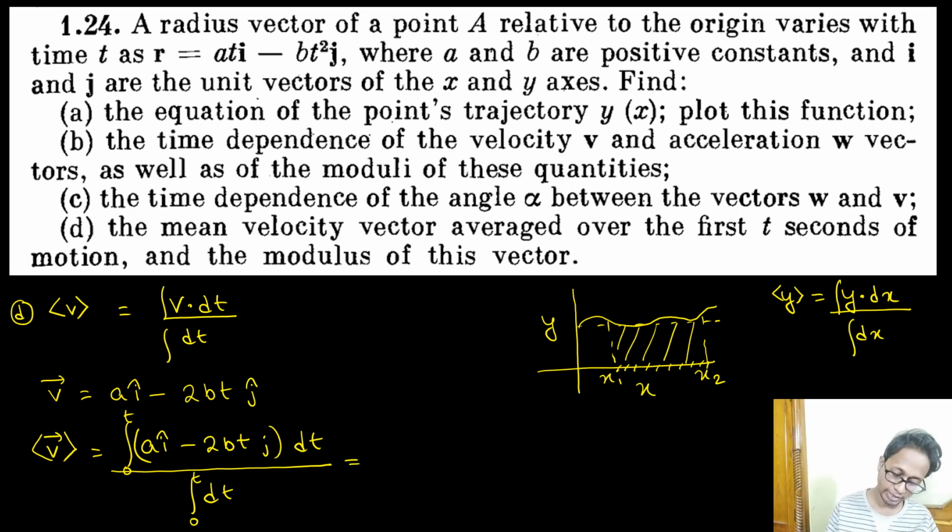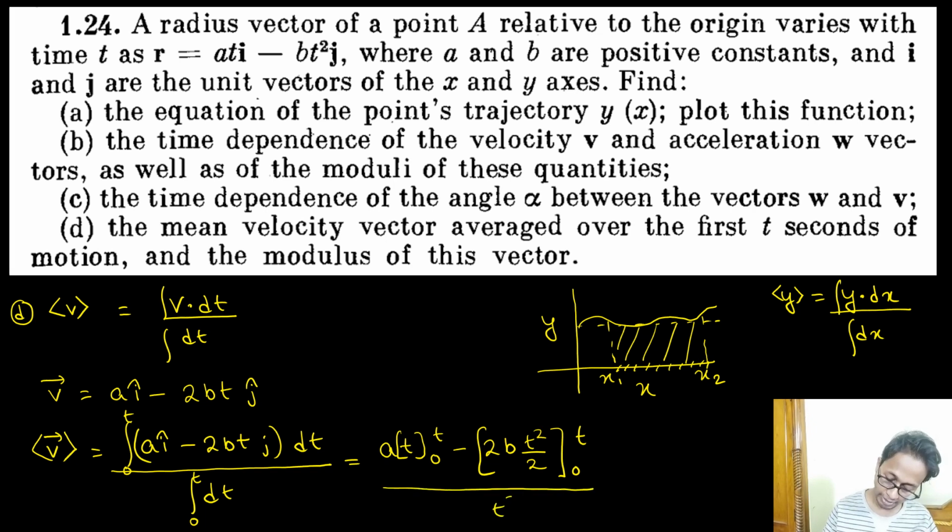If we integrate this, we get at minus 2b t square by 2, from 0 to t, divided by t, from 0 to t. Out here this is i, out here this is j.